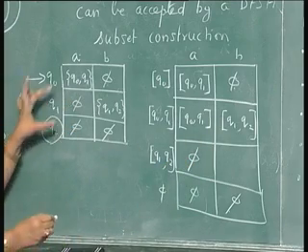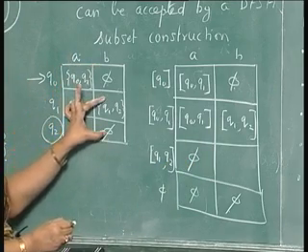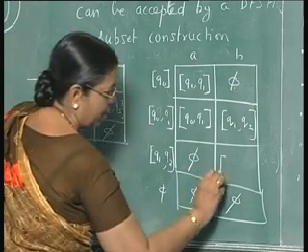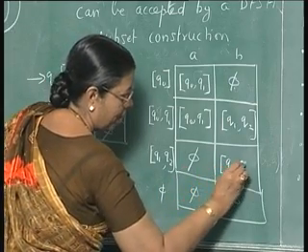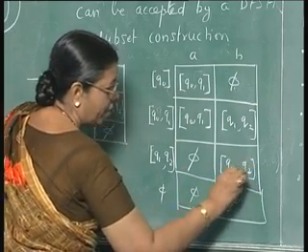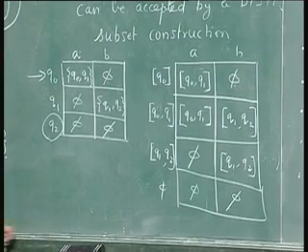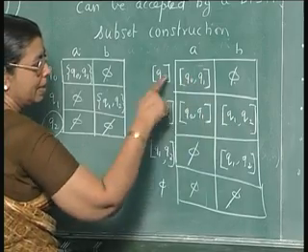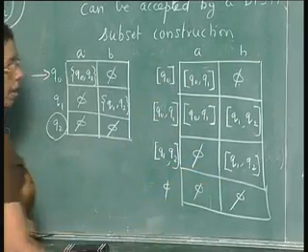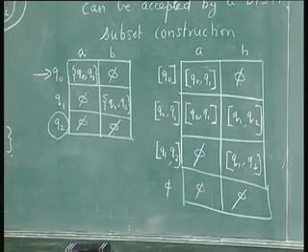From Q1 and Q2, if you get a b, you have to take the union of these two, that is Q1 comma Q2. This you have already considered, so the whole table is over now. Here, remember that each one is a single state. Now, look at this diagram.